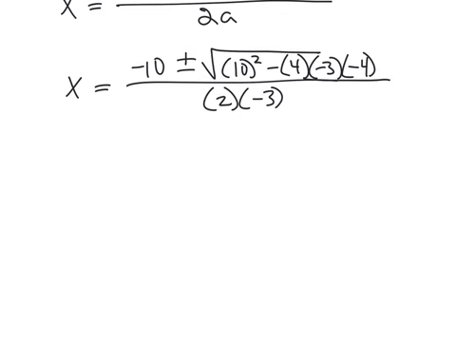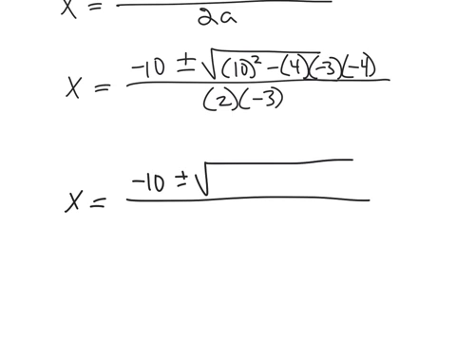So now we just begin the process of simplifying. So you get x is equal to -10 plus or minus the square root of 100, and then let's see, 12 times 4 is 48, so this becomes minus 48 over -6.